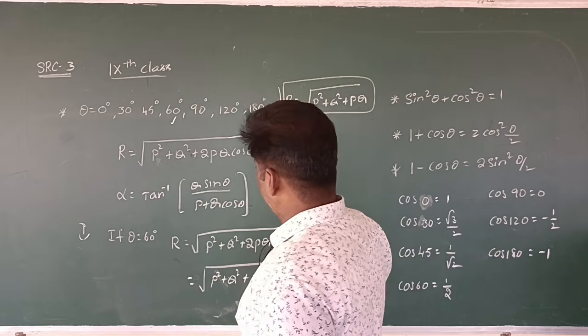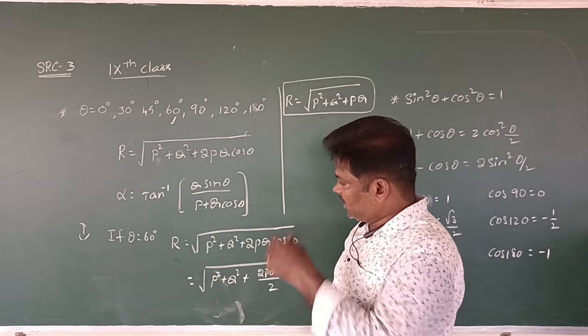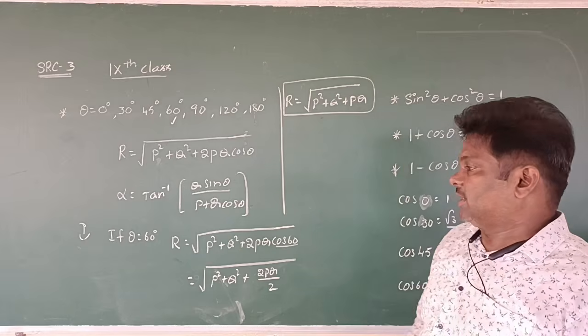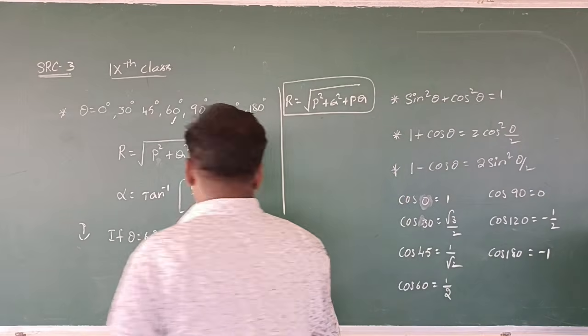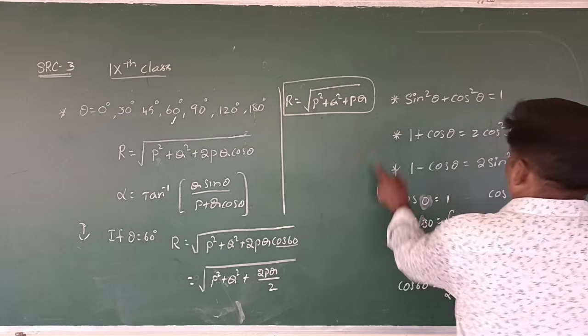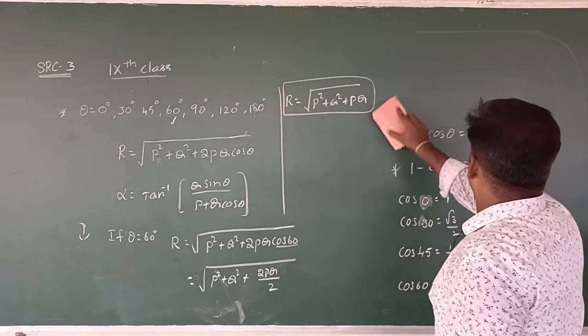Now, what is the angle made by the resultant with the first vector? That is alpha, note it down. We will go through this one tomorrow.